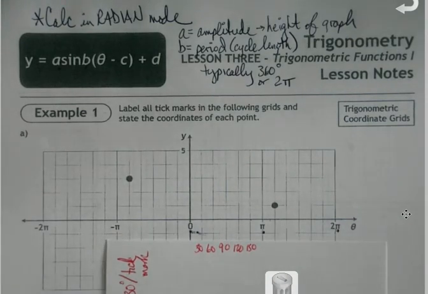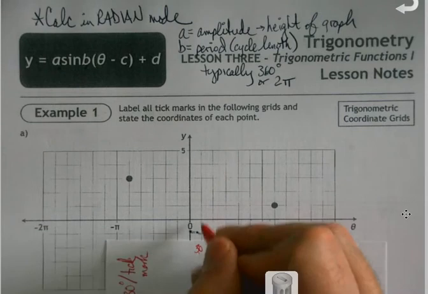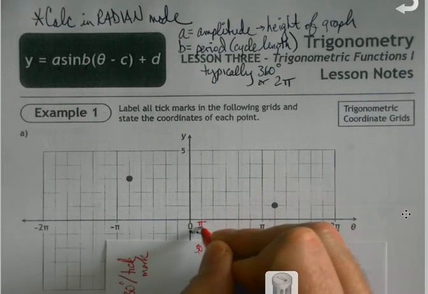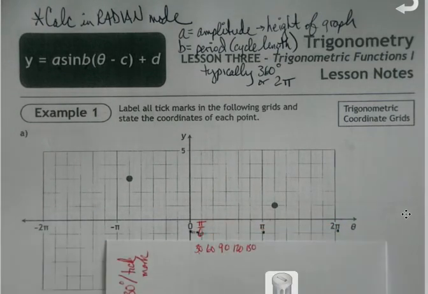So for instance, it's going to be pi to do with something on all of these. If you take pi, which we just said is 180, and divide it by 6, you get 30, right? So that first tick mark's going to be pi over 6, because 180 divided by 6 is 30.